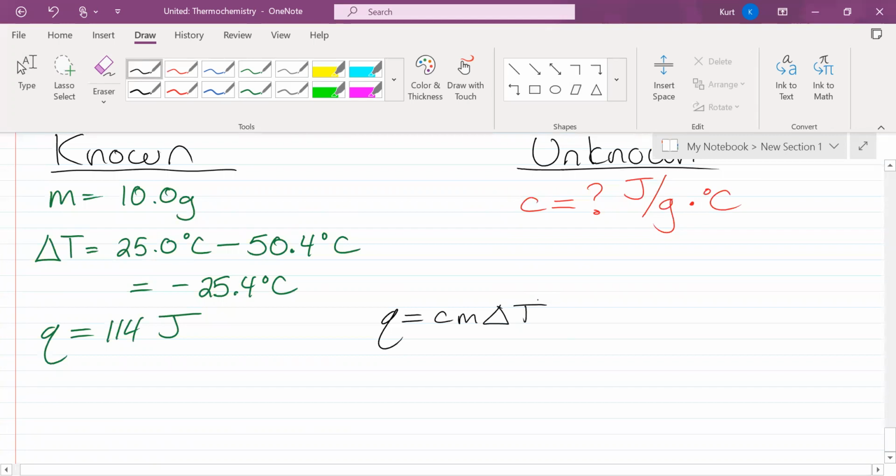What variable do you need to isolate? Isolate C. So what would you do? Divide both sides by mass times change in temp.